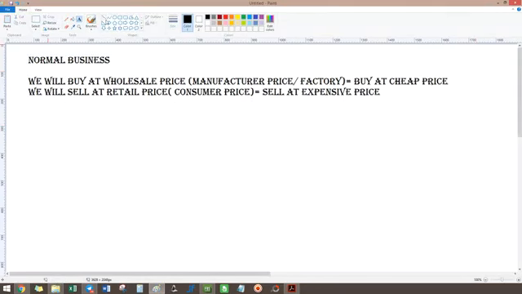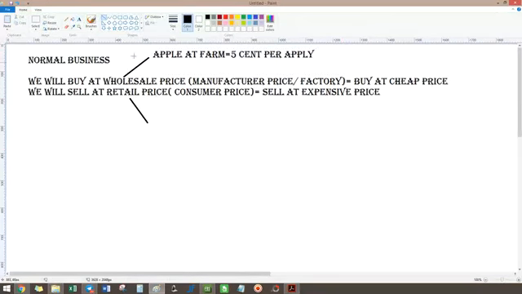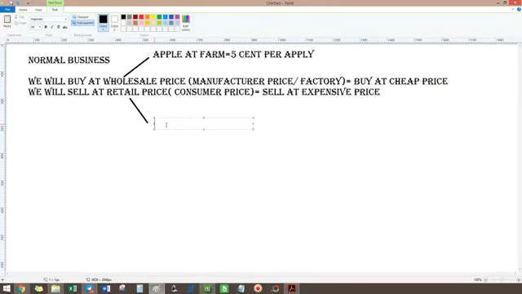So if you buy an apple, for example, at the farm, it equals about 10 cents per apple, or maybe 5 cents. But at retail price, you will buy the apple for maybe about $1 per apple.